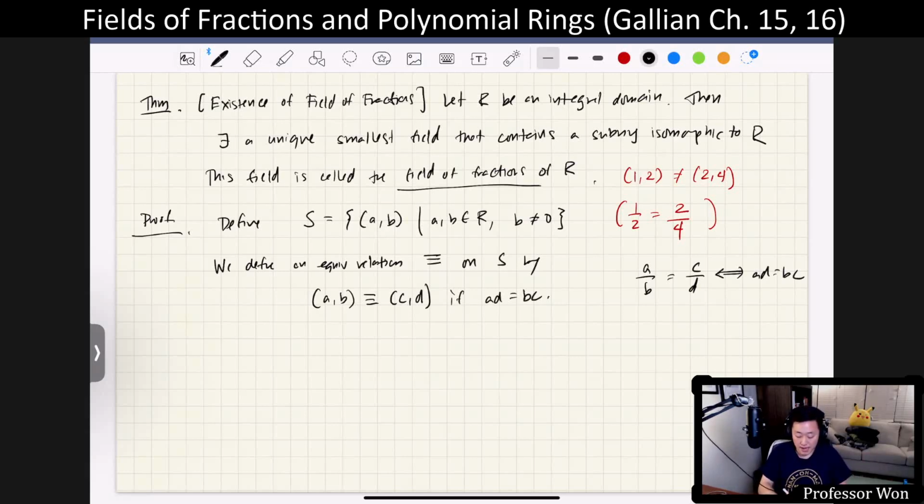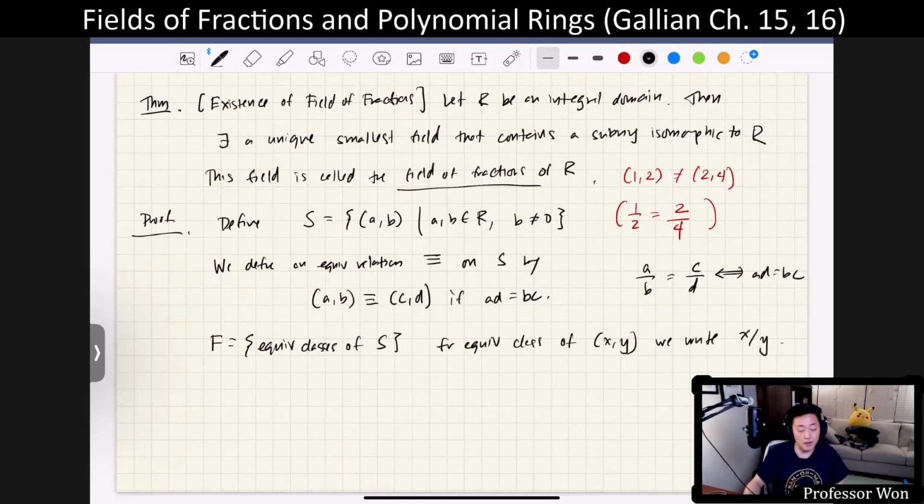Okay, so now we're going to let F be the set of equivalence classes of S. And for the ordered pair (x, y), we write its equivalence class as x over y, or x slash y, right?